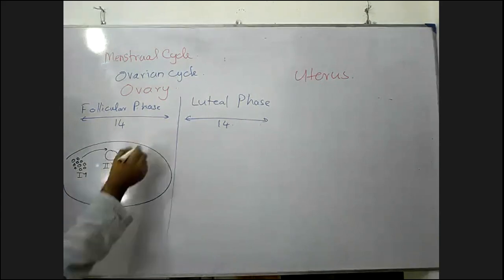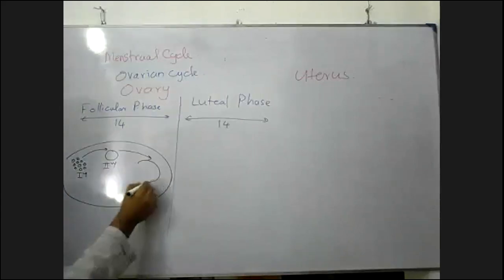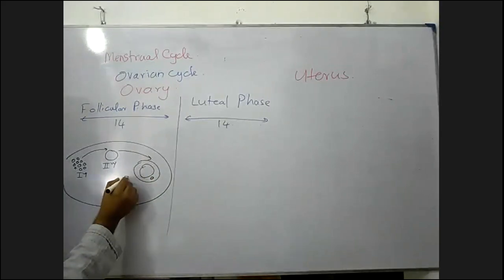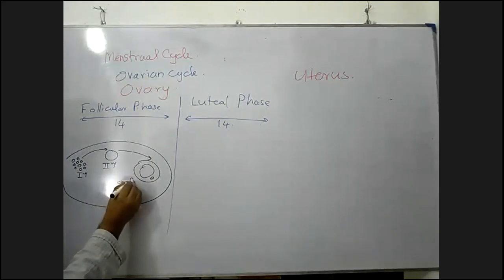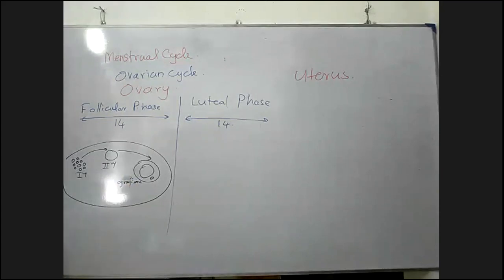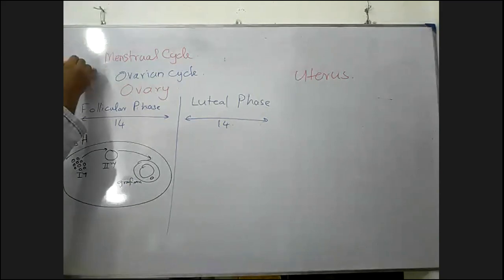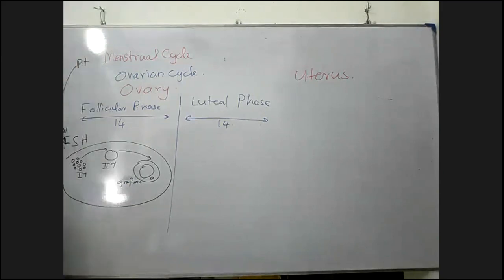And closer to the 14th day, it will become a large one containing the ova, that is the Graafian follicle. This is started by the FSH hormone, which is coming from the brain, from the pituitary gland.